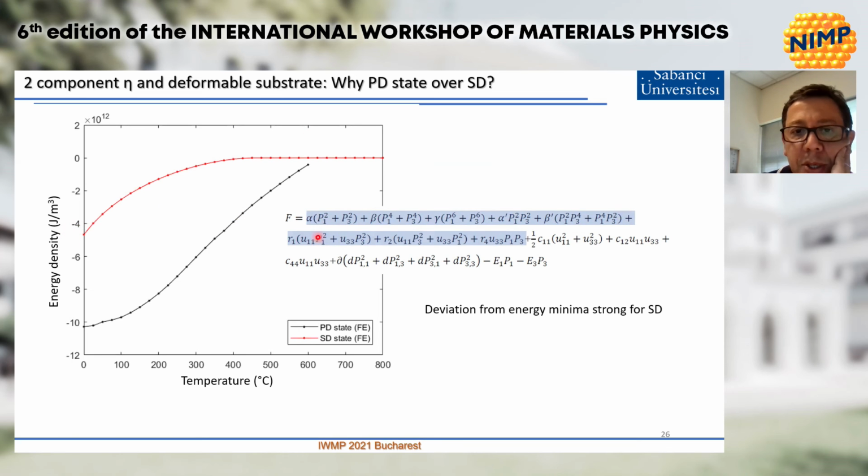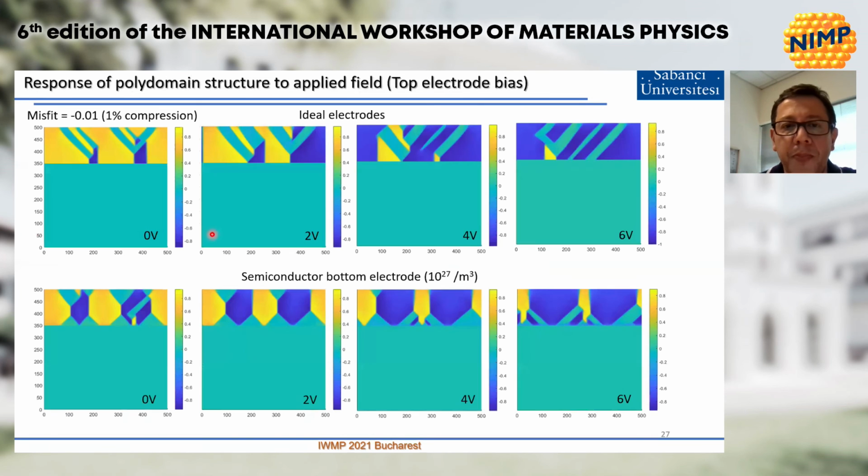These terms have more positive values relative to the polydomain state, which apparently can minimize electrostatic energy more effectively. This deviation in fact causes your phase transition temperatures to go up. I plotted here the ferroelectric part of the energy, and the comparison shows the difference between what happens for a polydomain and a single domain state.